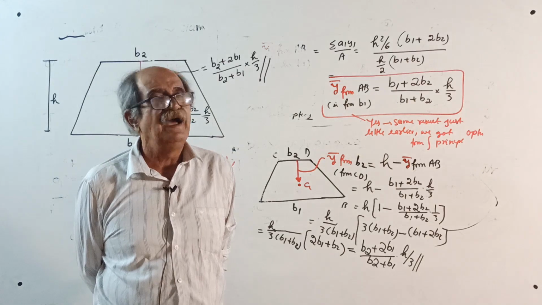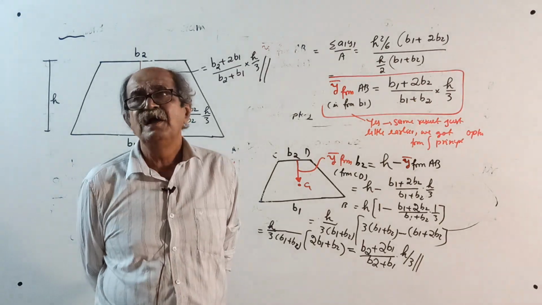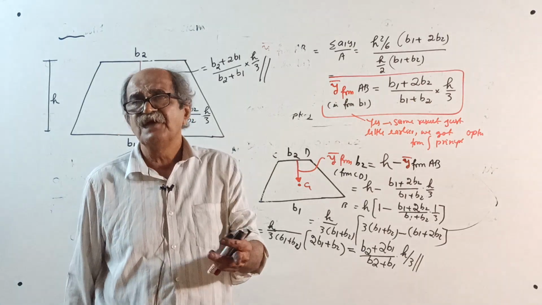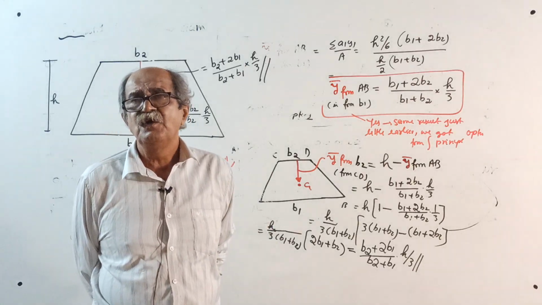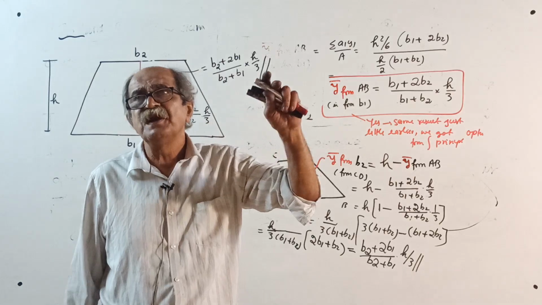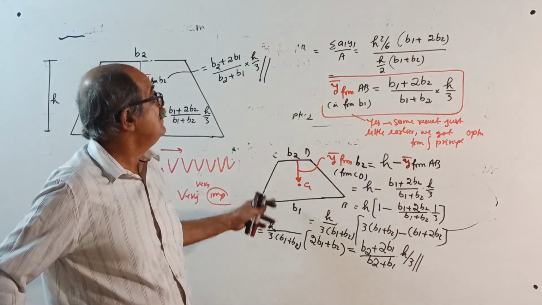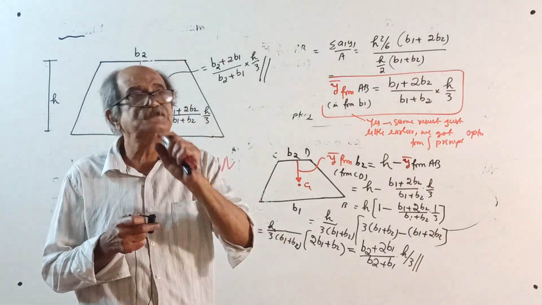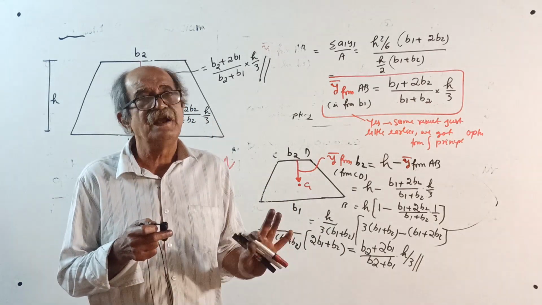Any triangle: a general triangle, an isosceles triangle, a right angle triangle, or a trapezium. That is all next class. If the class is too long, I may do it in two parts, depending on how much time I require. Before that, I will explain all the centroid formulas you got, by words, full board, sketch after sketch. Go through and understand. Okay, thank you.